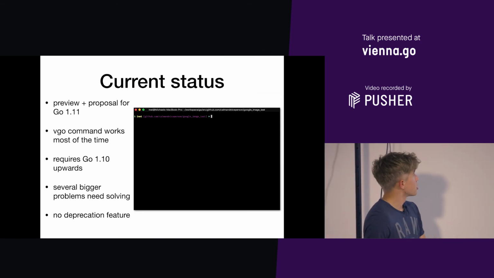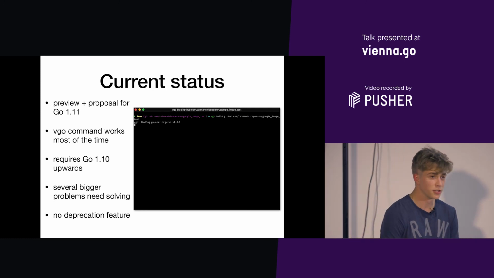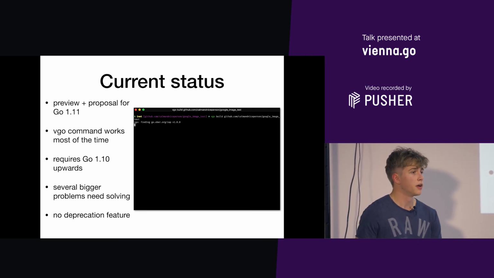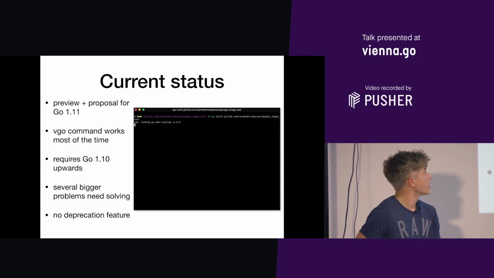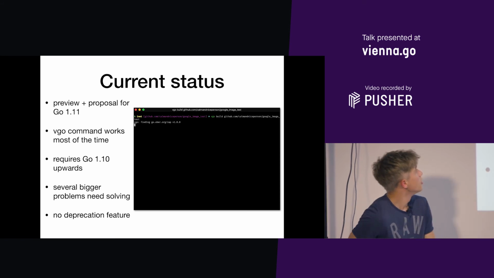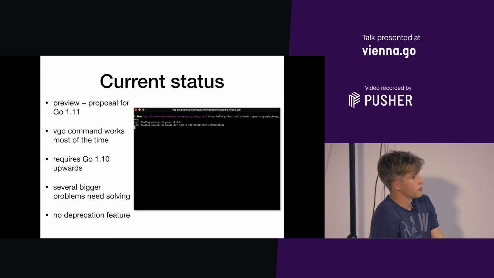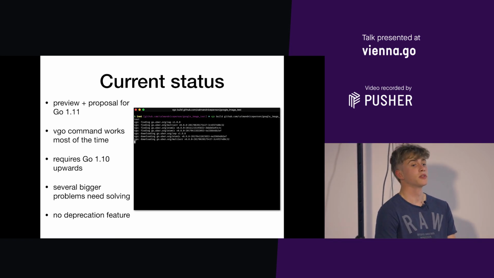So the current status is that there is a preview of Vgo available, so you can use it as a drop-in replacement for the Go command, basically. It can do everything the Go command can do, but, like you can see in the video, it can already import packages automatically, so you don't have to do anything apart from adding the dependencies to the mod file.